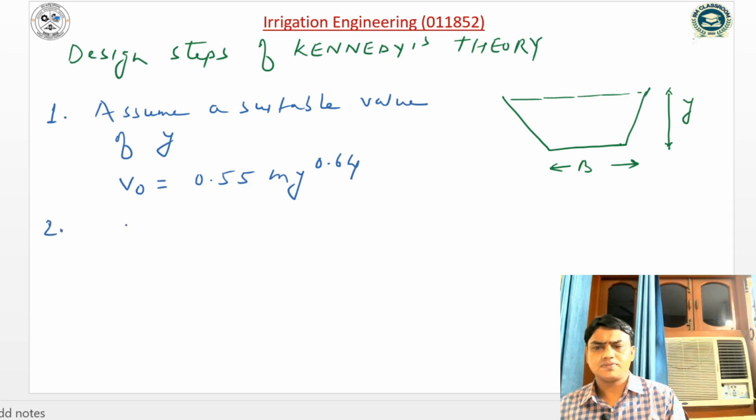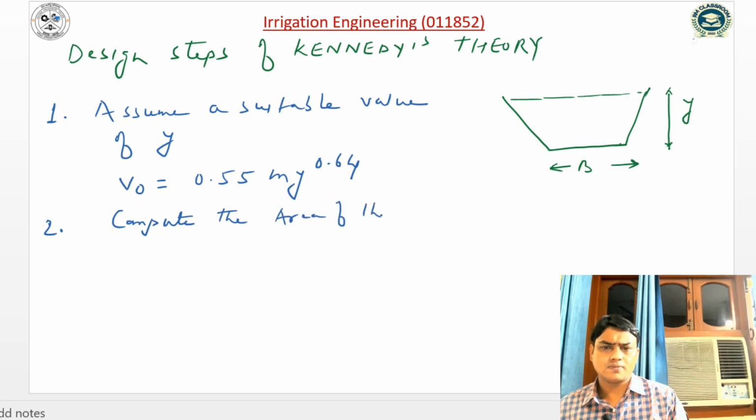Second step is compute the area of the channel. A is equal to Q by V naught.